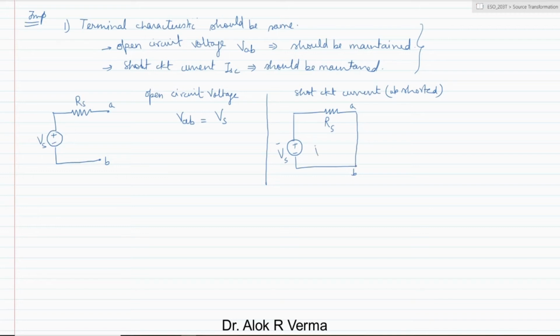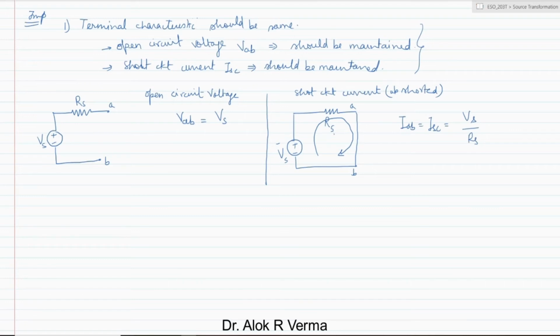When this is shorted, the current will flow. What is the current, IAB or ISC, the short circuit current, or the current flowing when A and B are shorted? Both are the same, and it is nothing but Vs by Rs.